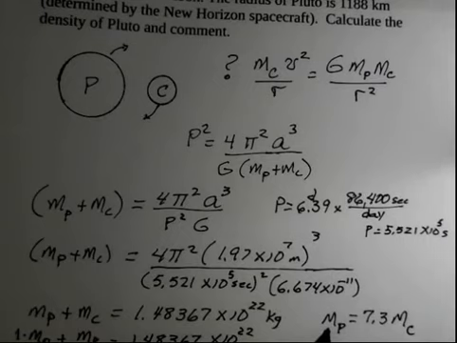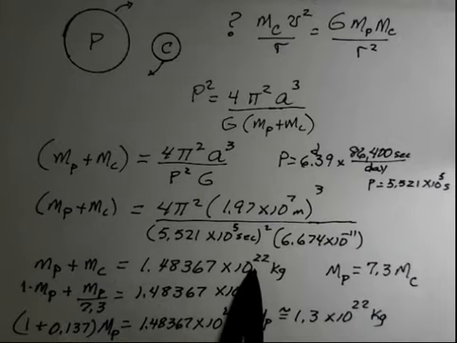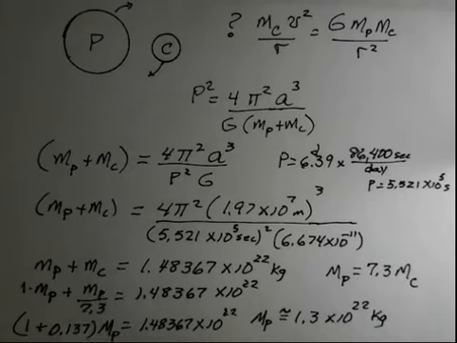So I create the following setup here. These two masses add up to this particular number. I'm making a substitution here, getting rid of the mass of Charon and replacing it with the mass of Pluto divided by 7.3.